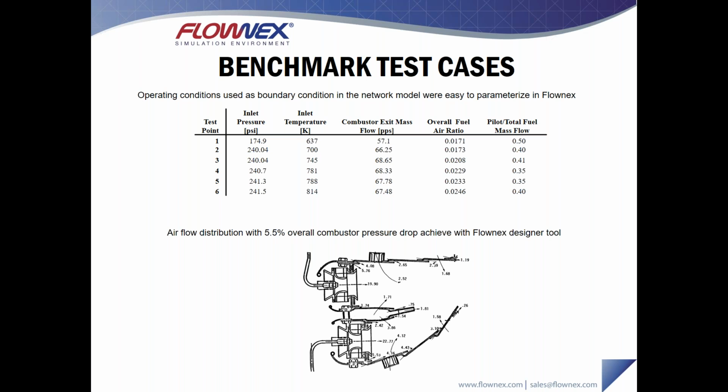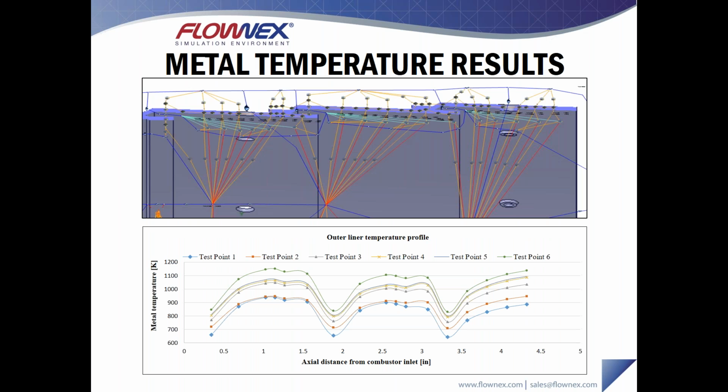So we didn't really know exactly what the geometry of the air admission holes were. But what we did know was what the overall airflow distribution through the combustor looked like. And Flownex has a designer tool in it, which allowed us to essentially specify what mass flow rates we wanted through each of those holes, and back calculate the hole size, which was pretty neat.